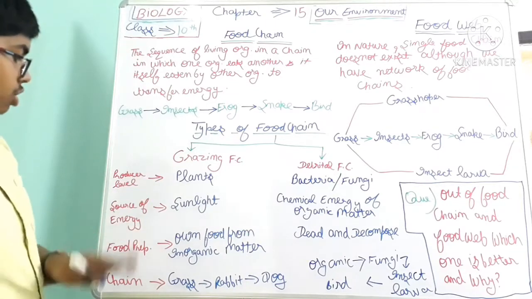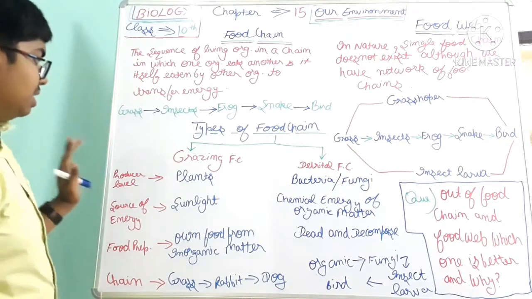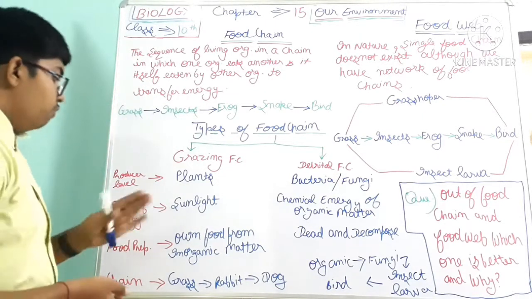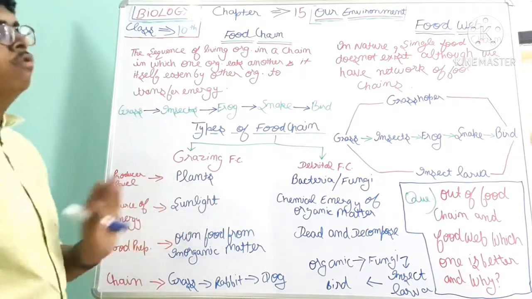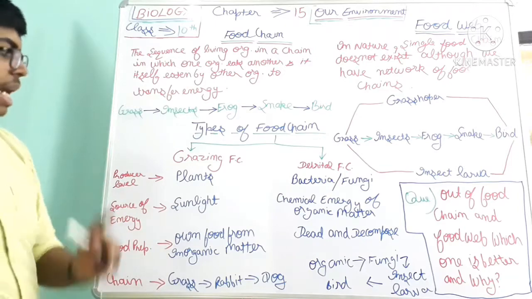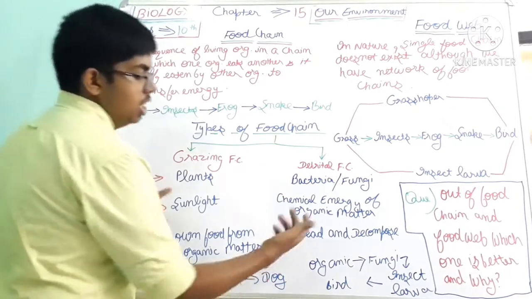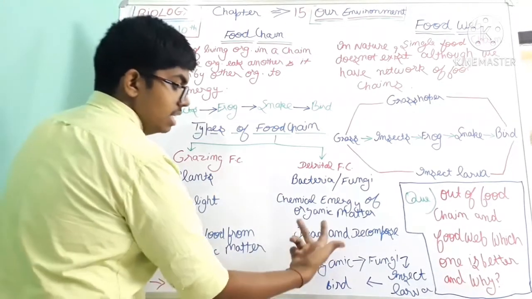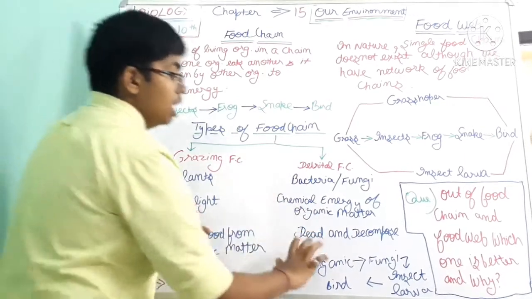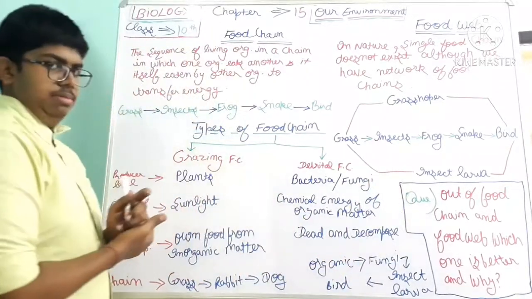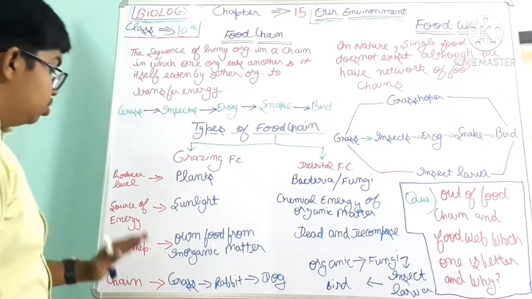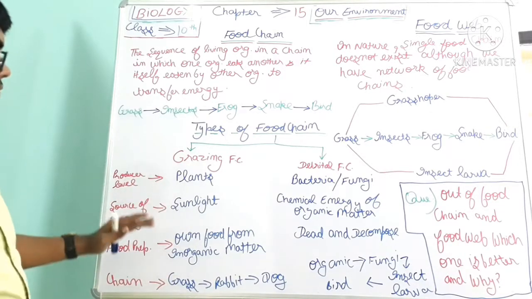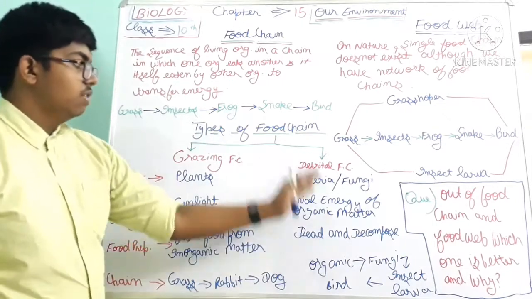Now food preparation. In the grazing food chain, they prepare their own food from inorganic matter, and in the bacterial food chain, they take food from decomposed matter. Now let's see how the grazing food chain and the bacterial food chain work.